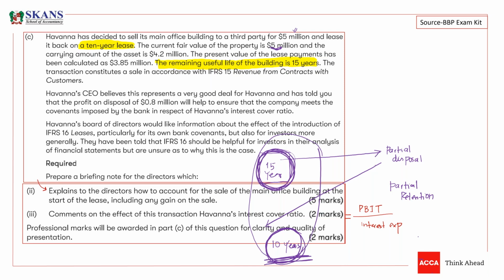But what will happen if this asset is being leased back for 15 years? Just let me know. We have disposed of 15 years of benefit to someone, and then we reacquired it again immediately for 15 years. Can you say that this is a disposal if both the lease term and the useful life are 15 years?